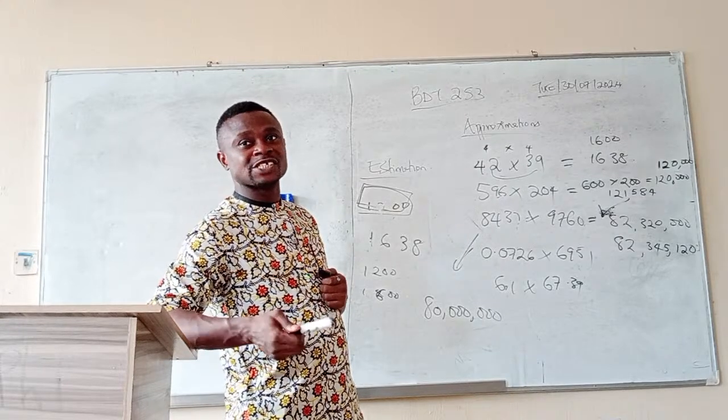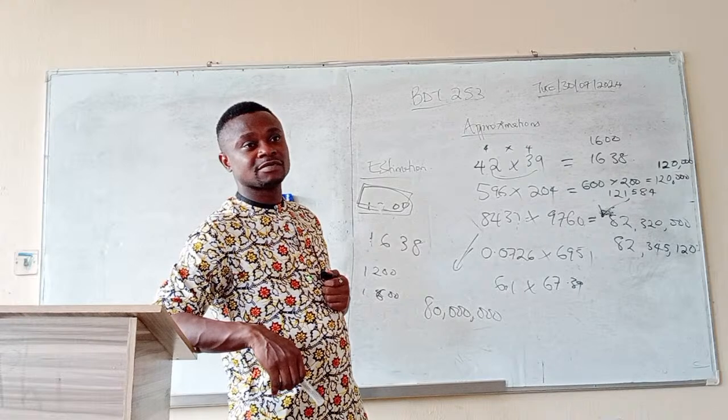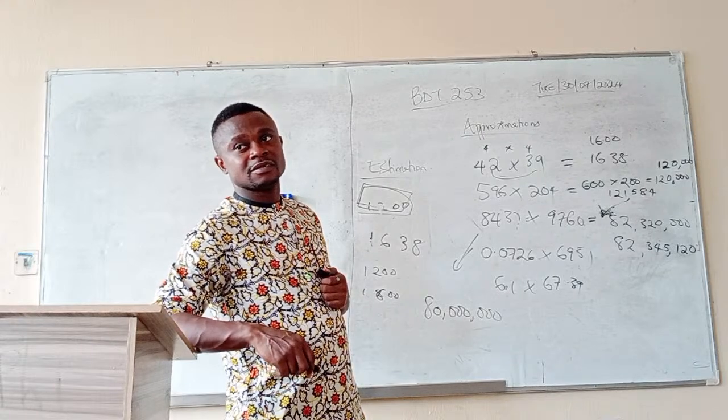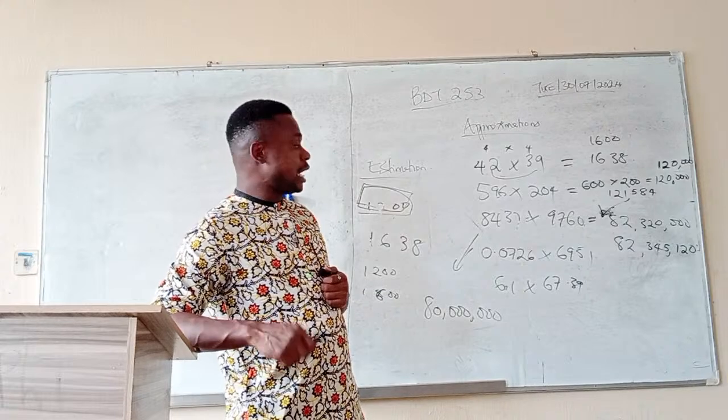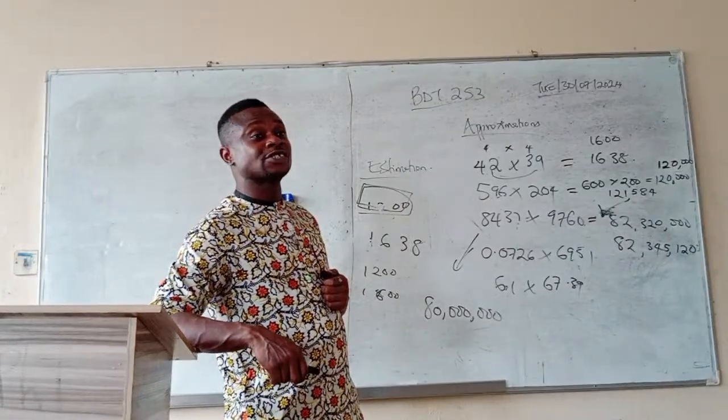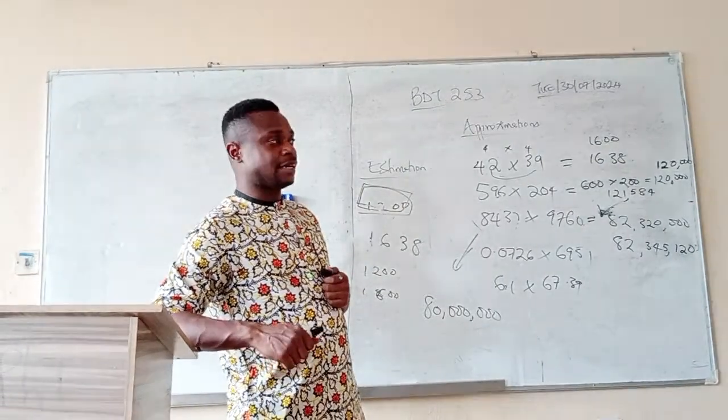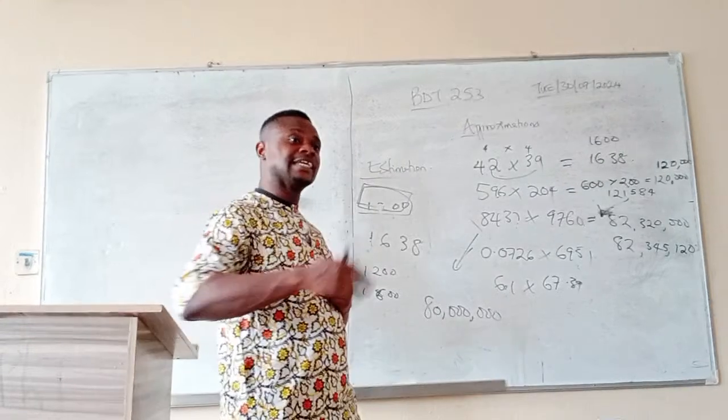Employ your exponential notation now and solve this. You have no business with a calculator. Just employ your exponential notation. Then tell me the answer. When you are done, you still put back the index part.